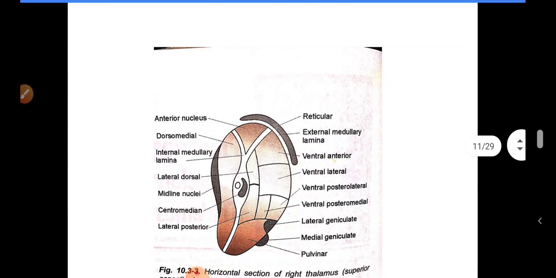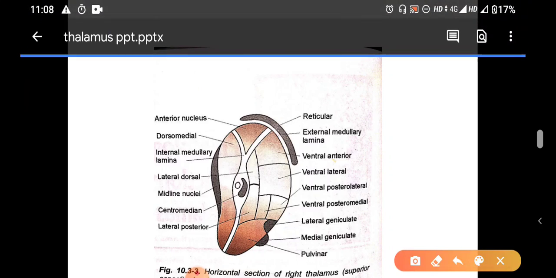Now in this diagram you can see the different nuclei. This is the Y-shaped internal medullary lamina. In the center you can see the central nuclei, the centromedian. This is a non-specific projection nucleus. Also the midline nuclei are here.